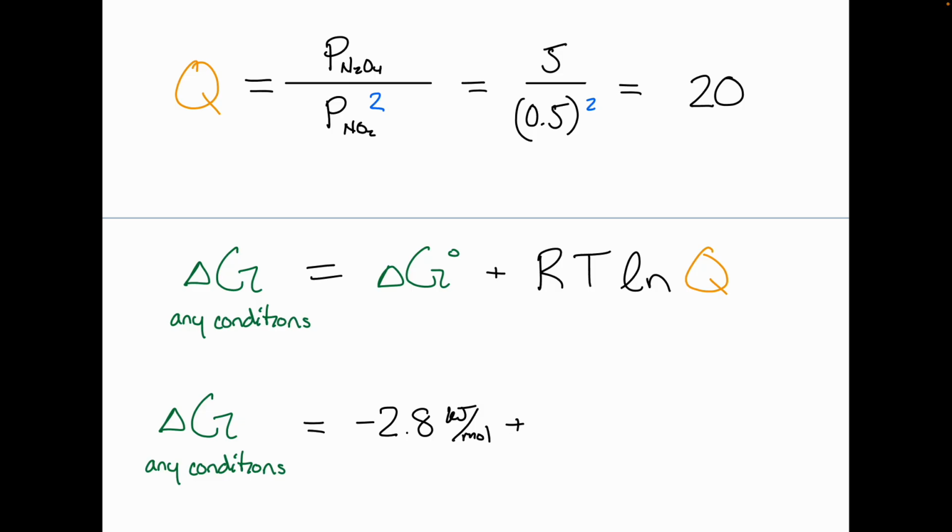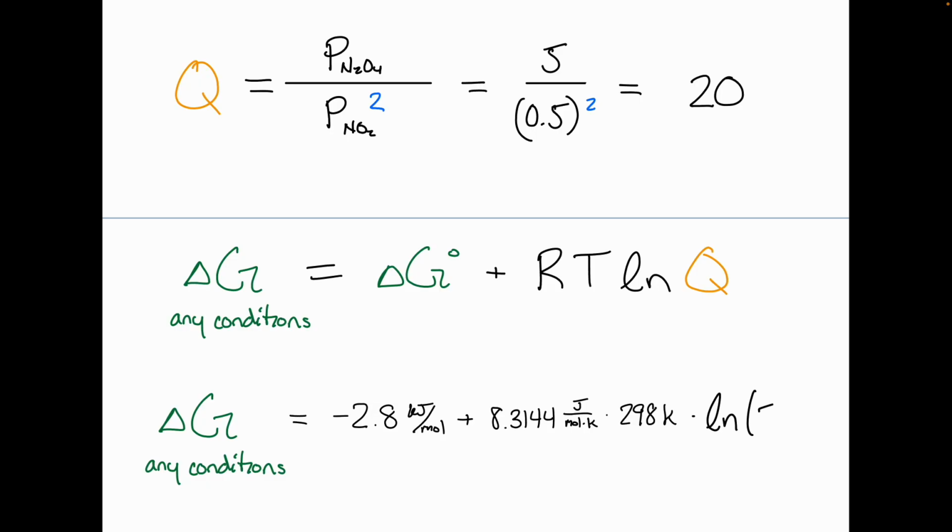Then we got to add R, that 8.3144 joules per mole Kelvin, times our temperature, our 298 Kelvin, times the natural log of that value for Q, which we calculated to be 20.